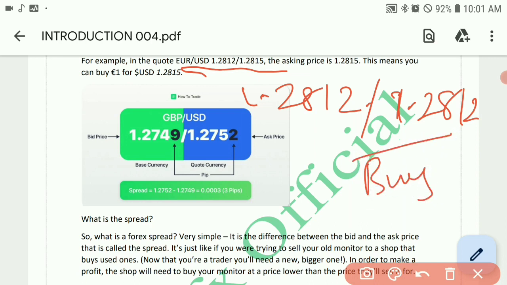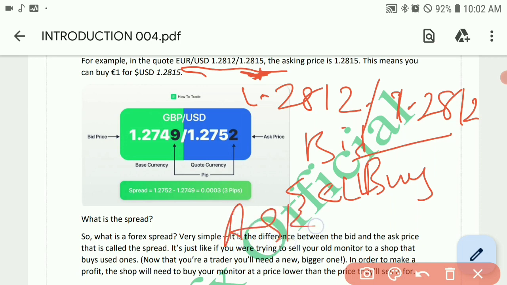This means you can buy this for this dollar. Just remember, bid is the selling price, the amount that they are willing to sell for you, while ask price is the price you are willing to buy at, as a forex trader.